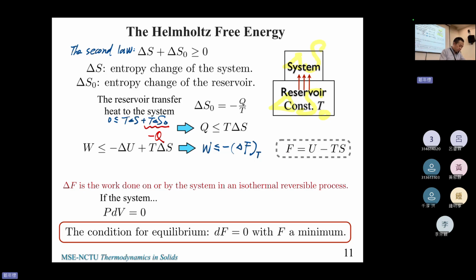Then there's one thing we can notice: the constant temperature condition is not that strict.